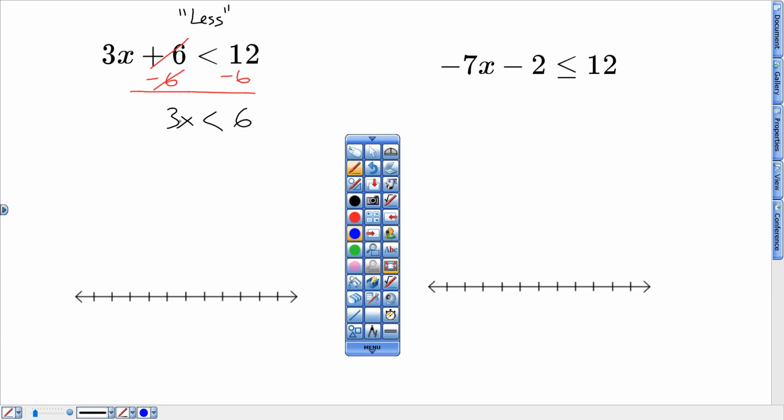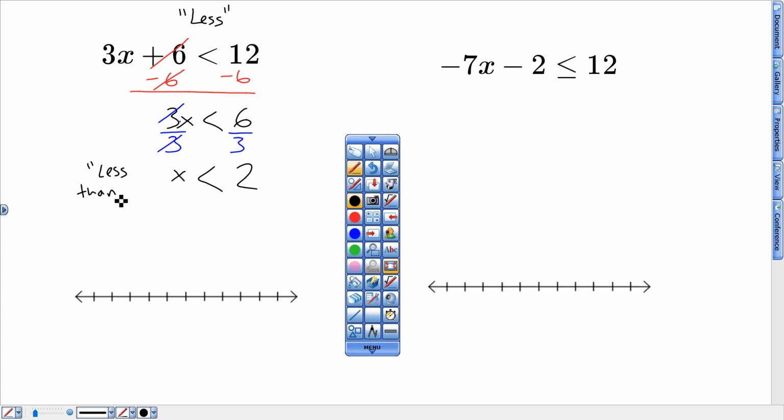Opposite of timesing by 3 right here, dividing both sides by 3. Bring that x straight down, leave that inequality as less than, don't put an equal in there, and then this gives me 2, where my answer is all numbers less than 2.